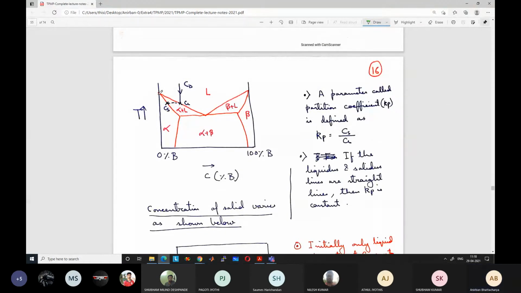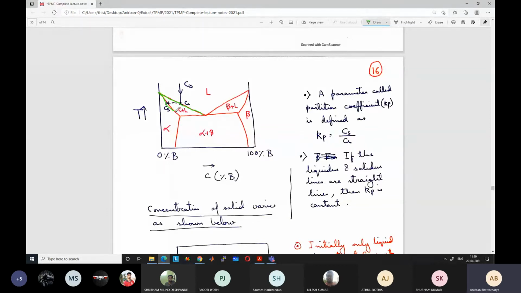It demarcates the region between liquid and alpha solid plus liquid. Alpha solid is one type of solid where the A constituent has a high percentage and the B constituent has a low percentage. Similarly, this is the solidus line. It demarcates the region between the fully solid alpha and a mixture of alpha and liquid.